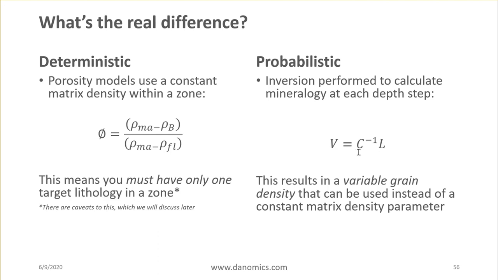Then we use this to calculate a variable grain density, and that variable grain density can be plugged back into our density porosity equation here. So instead of having one matrix density across an interval, you can have a customized matrix density at every depth step. That's really the difference between those two workflows.